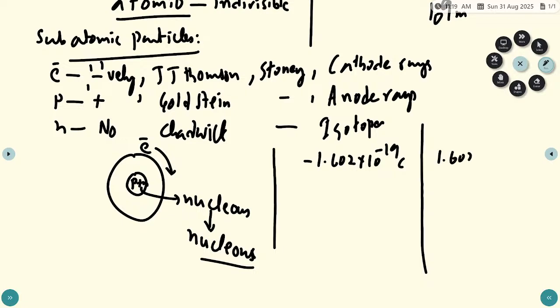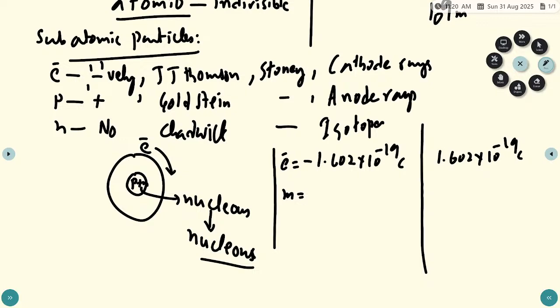Plus 1.602 into 10 to the power of minus 19 coulombs. Neutrons have no charge. So the electron charge is minus and the proton charge is plus, with the same magnitude.